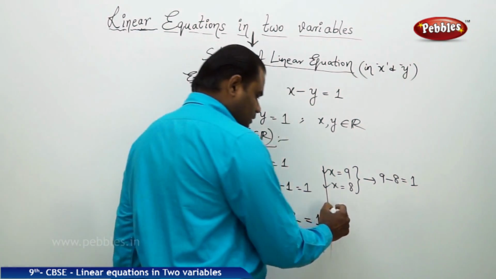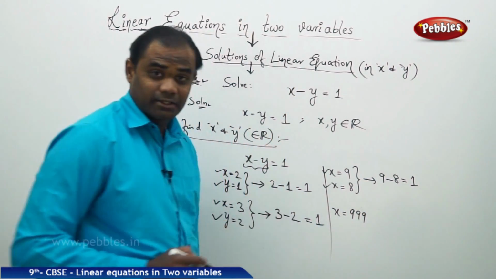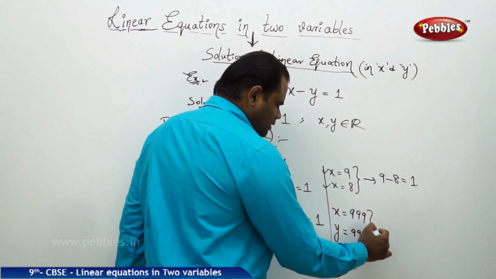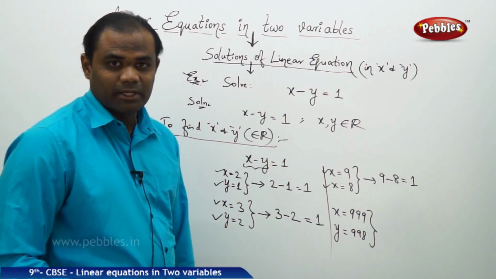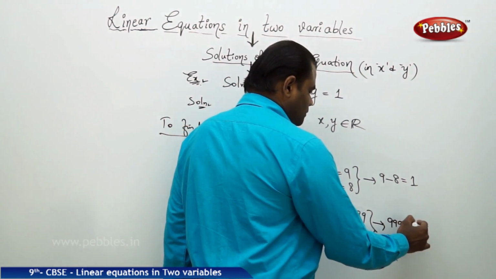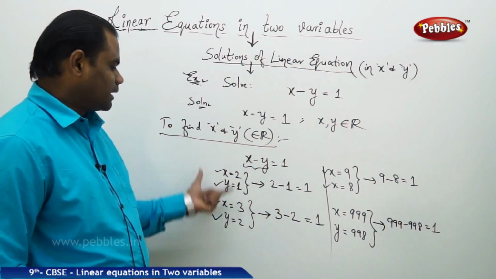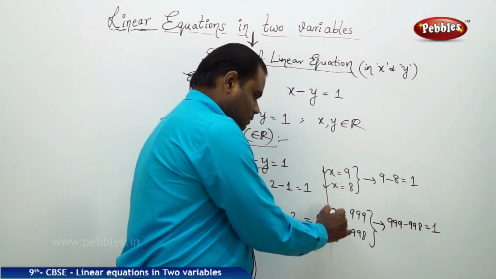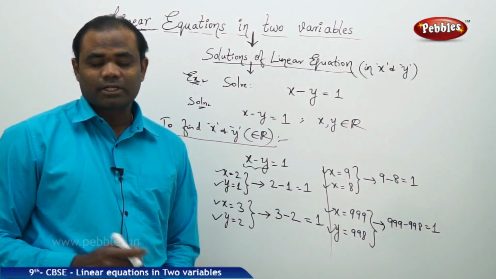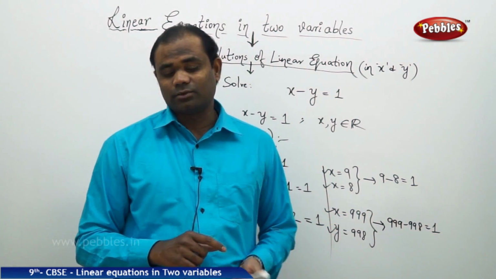Even if I take a very random number like 999 and I take y as 998, when I replace, I get 999 minus 998, which is equal to 1. Therefore, I get the possible solutions for x and y being 999 and 998. It continues and continues, but there is no end to the solutions for this equation.